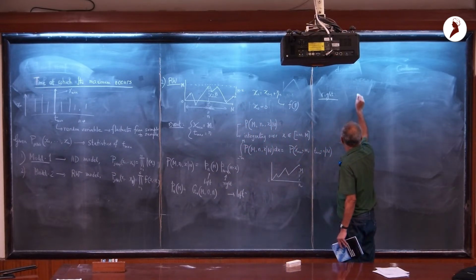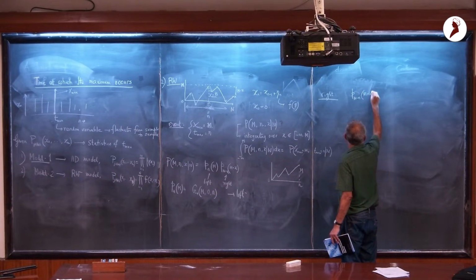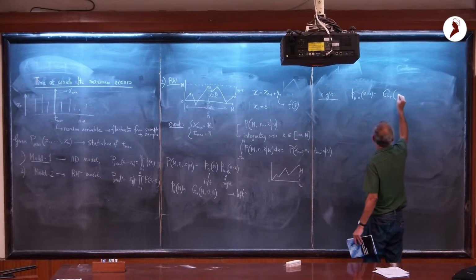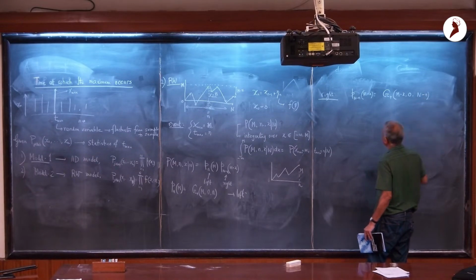So this is the right part, what I call P_(N minus n)(m minus x). This is just G plus of arriving at m minus x, starting at 0 in step N minus n.